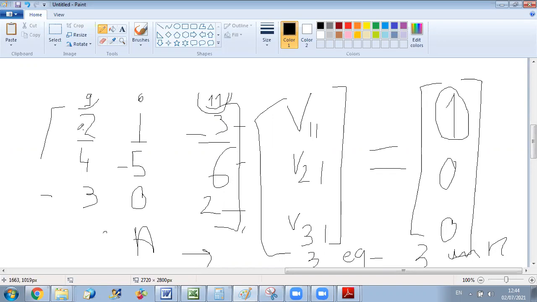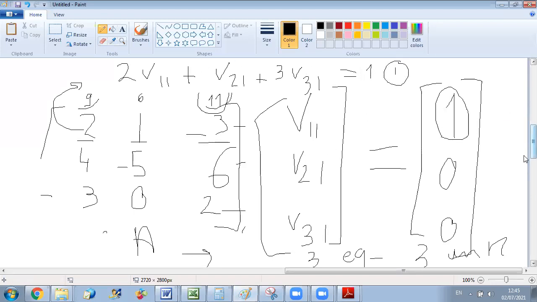The first equation is 2 times V11 plus V21 plus 3 V31 equals 1. So this is equation number 1.